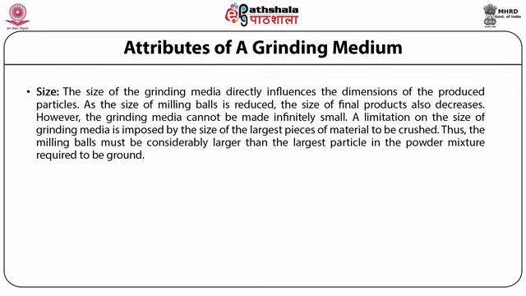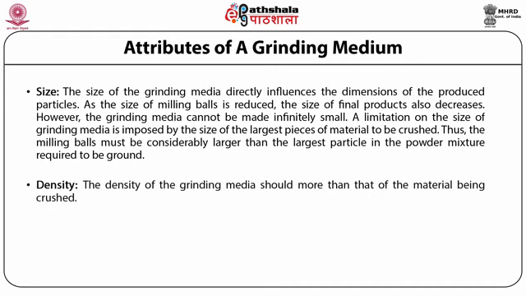A limitation on the size of grinding media is imposed by the size of the largest pieces of material to be crushed. Thus, the milling balls must be considerably larger than the largest particle in the powder mixture required to be ground.